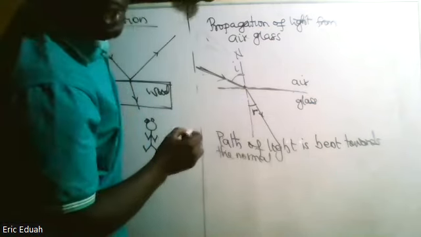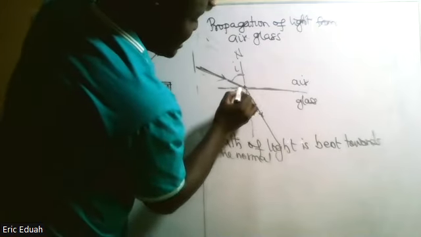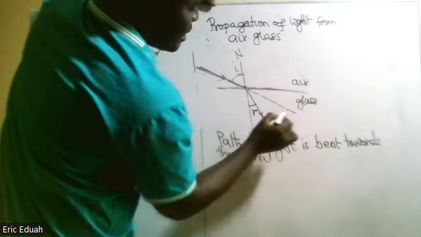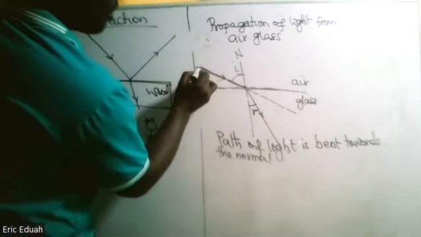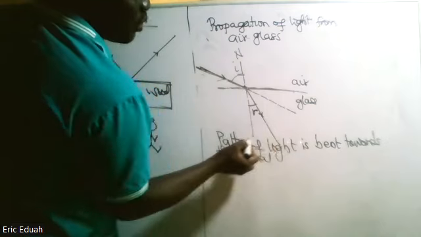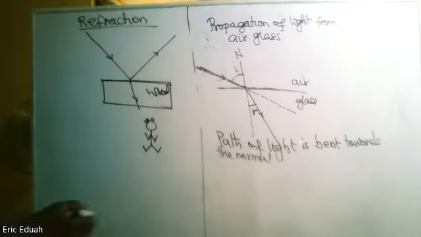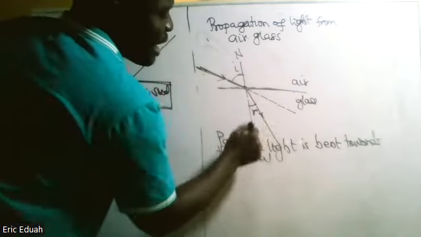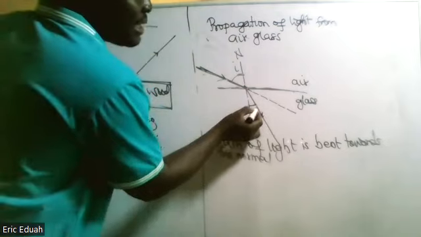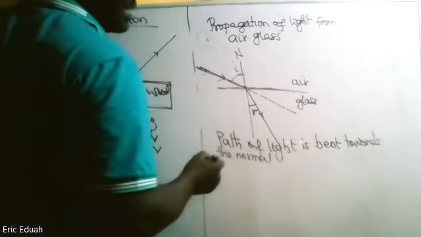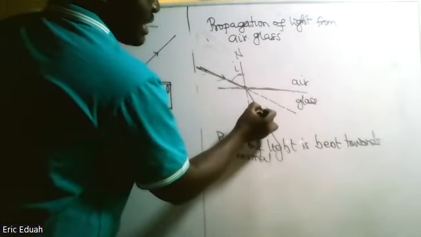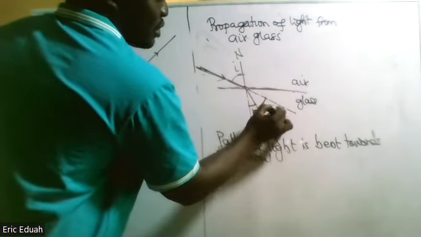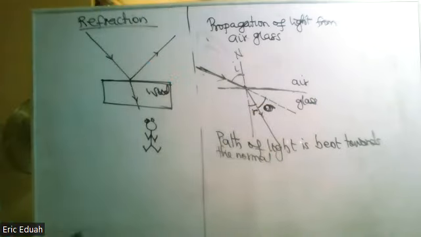Now, when we trace the original path of the light, this is the original path, and this is its new direction as a result of it encountering a denser medium. So how much is the light deviated? It is deviated by this angle. This angle is what we call sigma, the angle of deviation.